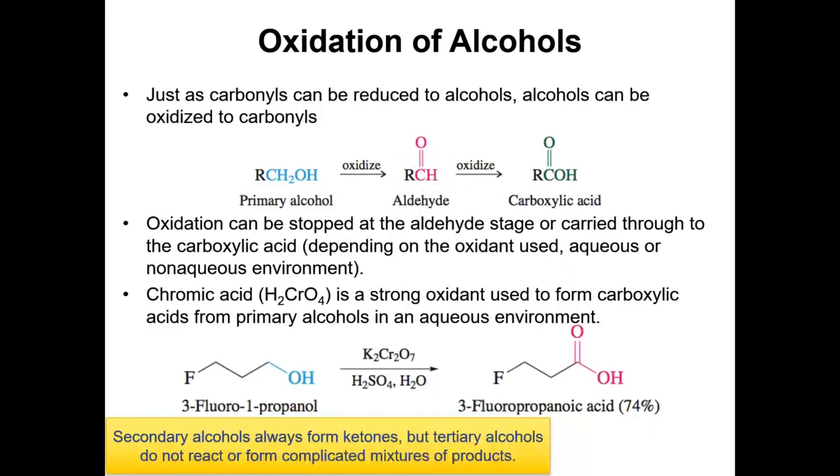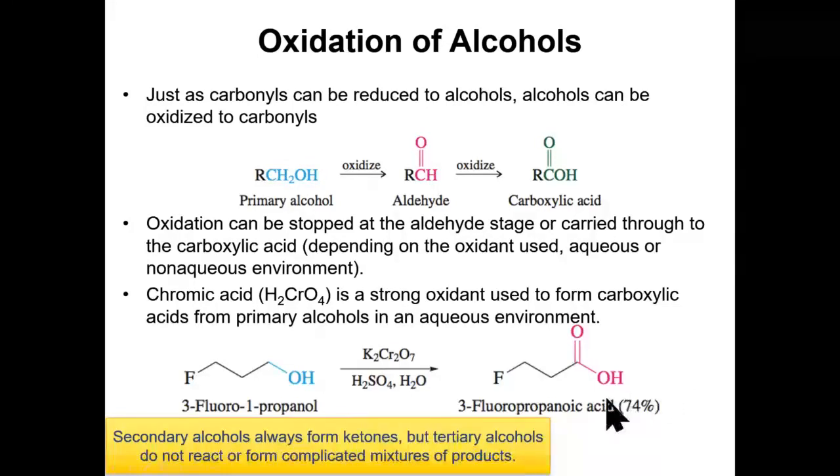In the most commonly used situation, we are using chromic acid as the oxidant, and chromic acid you always use in aqueous solution form. In that case, if you start from a primary alcohol and treat it with chromic acid, then you will get the carboxylic acid as the oxidation product.